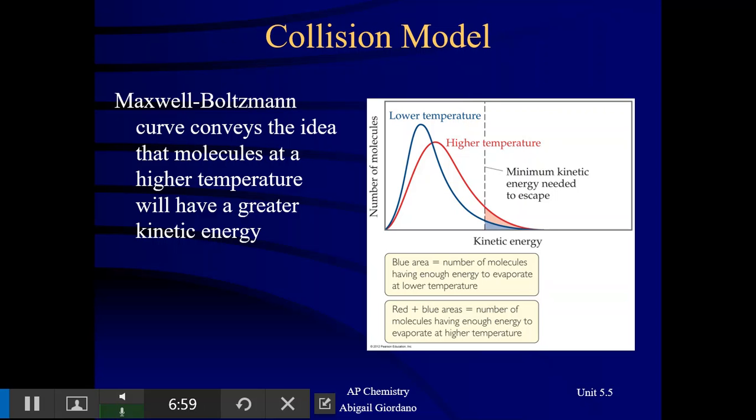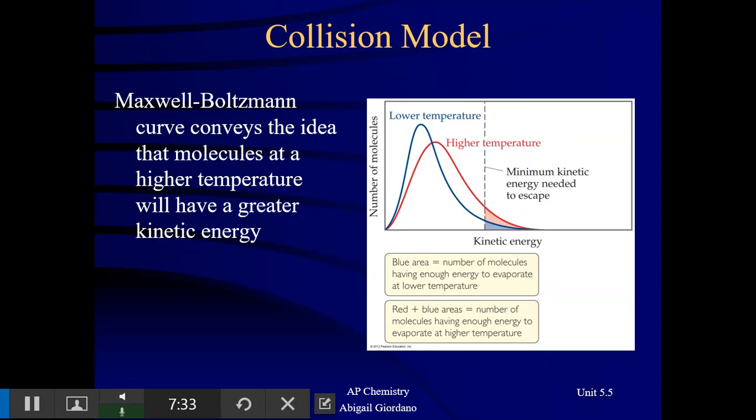No matter what the temperature is, ladies and gentlemen, a particular reaction's activation energy does not change. Let me say that again. No matter what the temperature is, a particular reaction's activation energy, whatever that value is, is a set value. That number does not change with temperature.